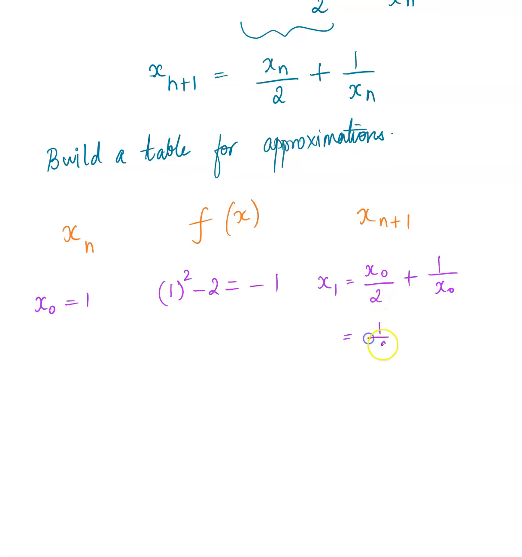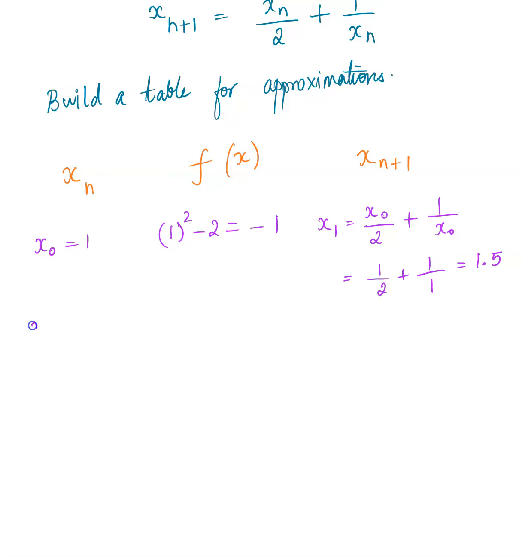X naught is 1, so half plus 1 over 1. So half plus 1 which is 1.5. We want to keep them as decimals because it's just a computation to the approximate value, so it doesn't have to be in fractions. It's a lot easier when you keep them as decimals for computation. So your x1 now is 1.5.